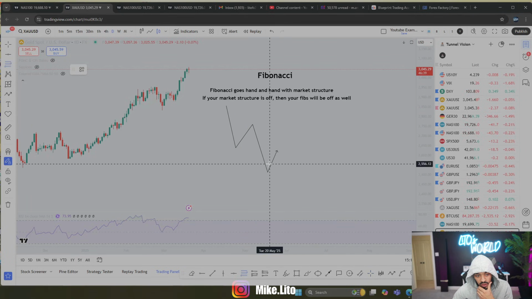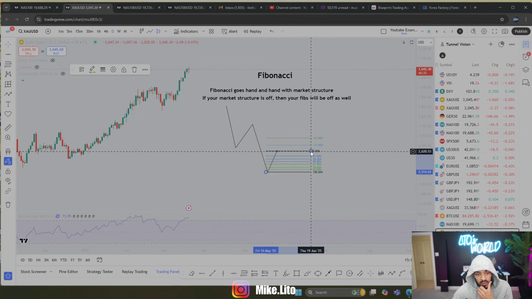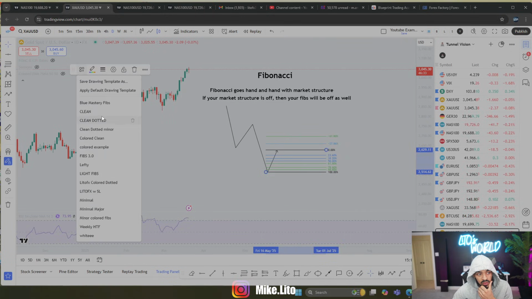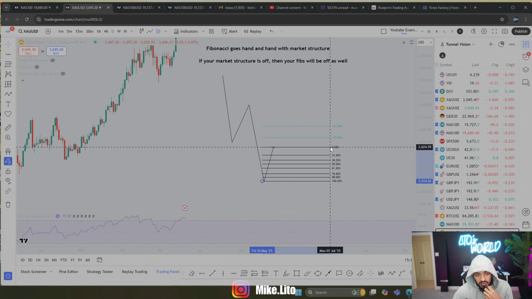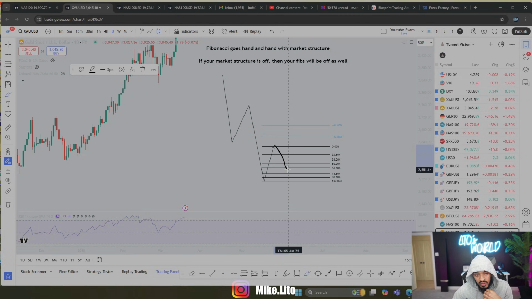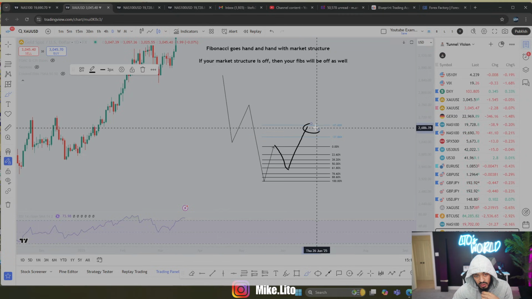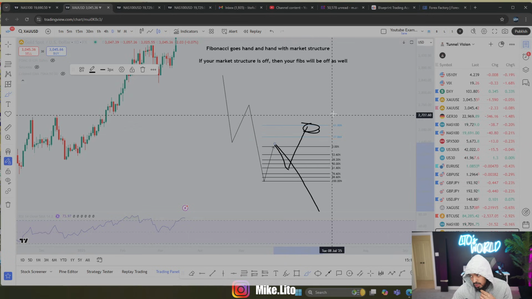If you just draw a fib on here and you're like, all right, I'm gonna draw this fib like such and catch the pullback and think it's gonna go here. It's not. It's literally gonna do this and hit your stop loss, right?